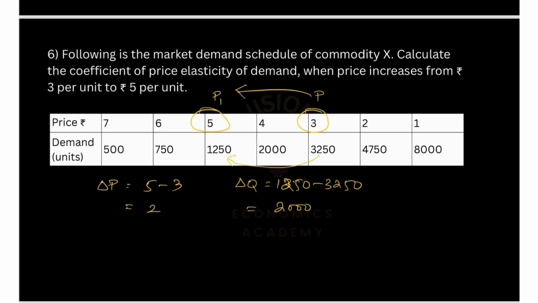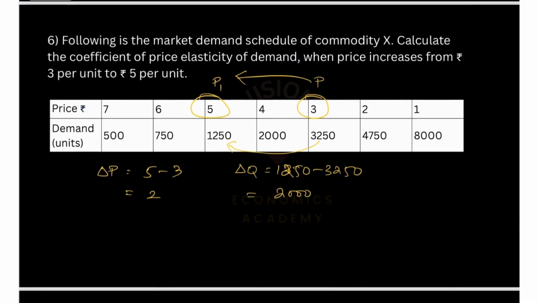Then elasticity of demand equals change in Q, minus 2000, by change in price, which is 2, into price, 3, by the initial quantity, 3250, right?